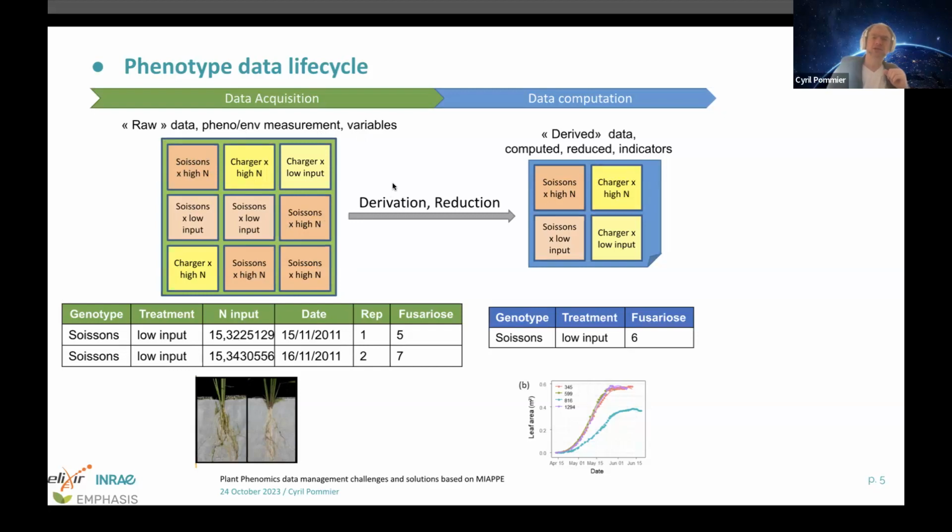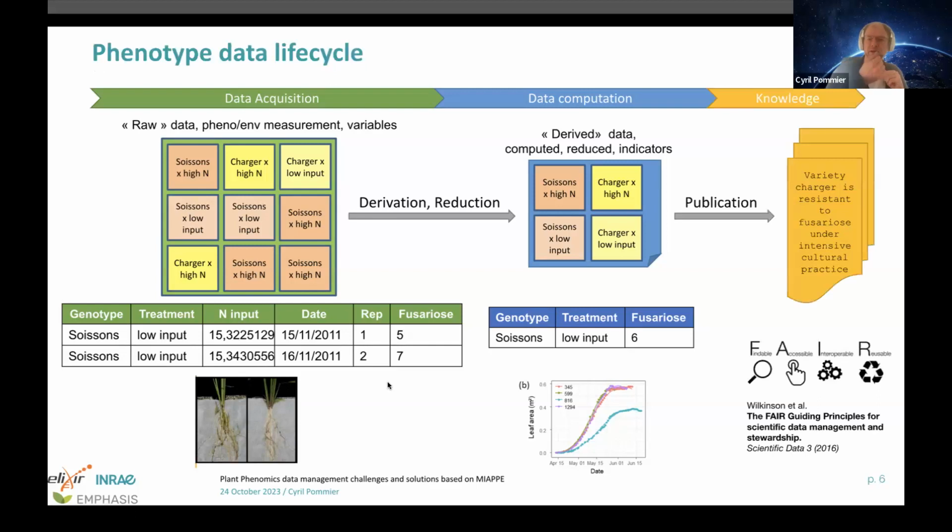What is commonly done is that those plot-level data are derived, reduced, and simplified through data computation to produce indicators, simpler data ready for integration. This also includes the transformation, the extraction of traits from sensors or from images, as seen here.